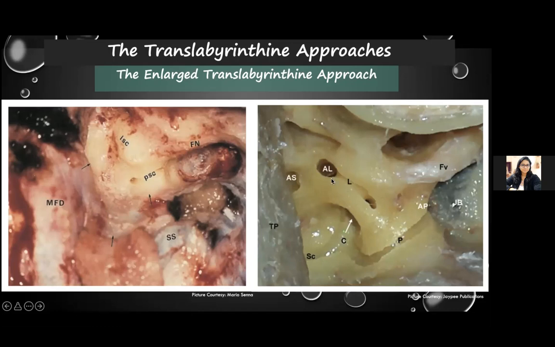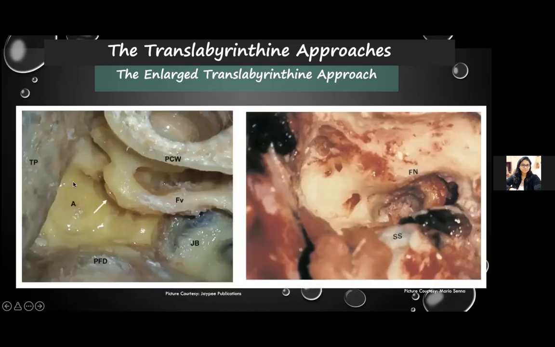Now, when we are opening the labyrinth, it is opened in serial fashion. First, we open the lateral semicircular canal. Then we open the posterior semicircular canal, and then the superior semicircular canal. So here we can see the labyrinthectomy done. And once all the semicircular canals are drilled away, this is what we see here.